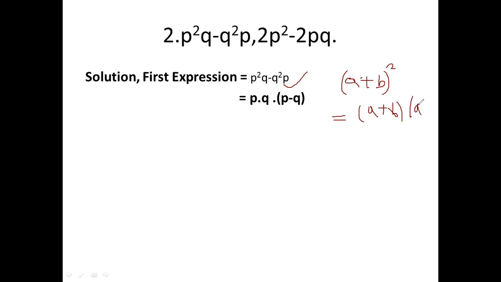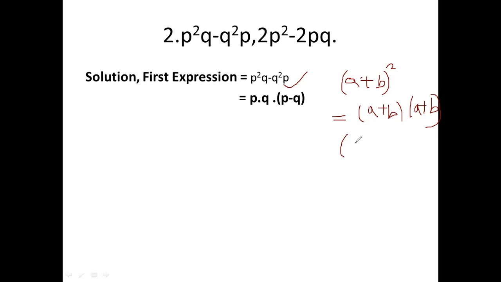Two times a plus b, a plus b, a plus b. Like this we have found the factors of a plus b whole square.